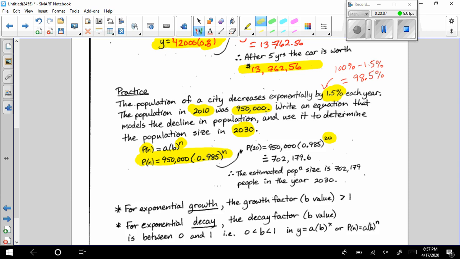So my exponent is 20, and because this equation was given in function notation style, I don't have to write sub n equals 20. That's already conveyed when I write P of 20. It works out to approximately 702,179.6.